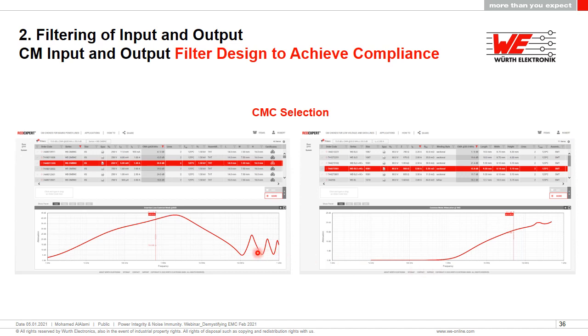Further up in the spectrum, as we go into the radiated and beyond, that material is relatively limited in what it can provide, hence why we use this other type of component, which we call an SL5. This is a nickel zinc based material, and it gives us quite a substantial amount of attenuation into the radiated emissions, going all the way up to around the gigahertz marker. So this way we have covered that entire spectrum of common mode type noise that we've seen before.